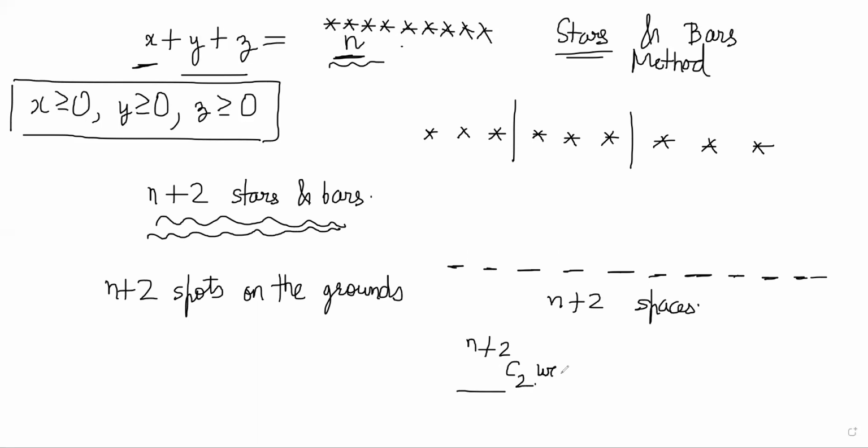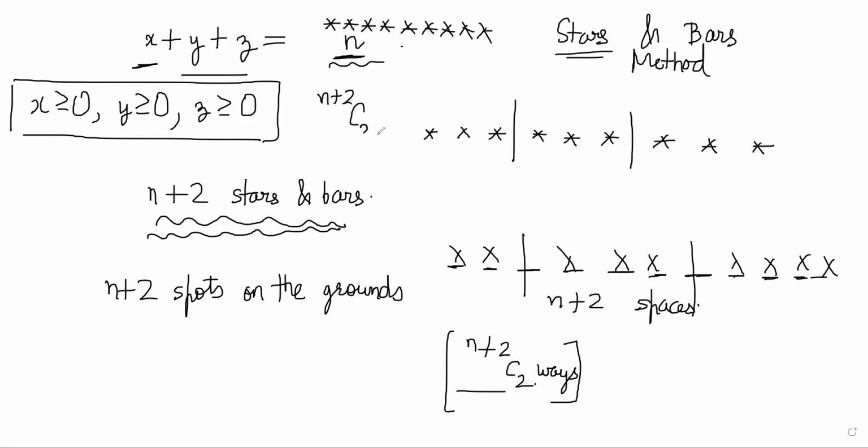And the remaining will be stars. That is a count of how many different ways you can arrange the bars and the stars in this way. Are you understanding? So basically, n plus 2 C2 will be the answer. Number of ways to do this would be n plus 2 C2.